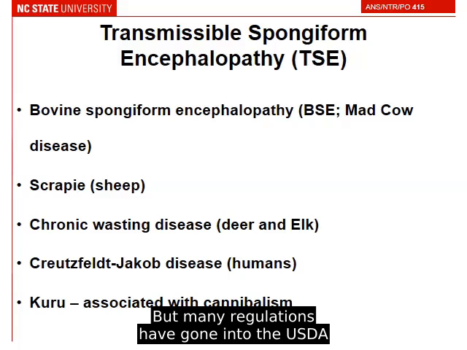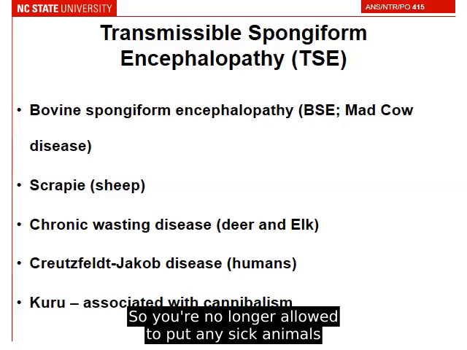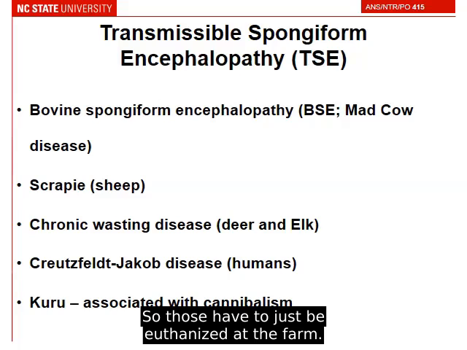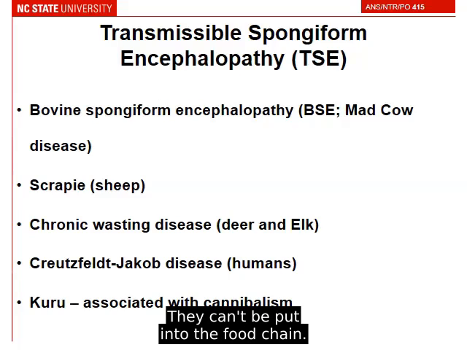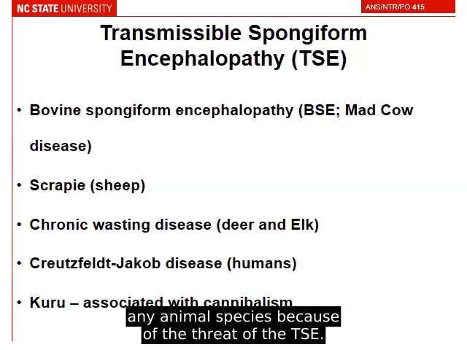Many regulations have gone into the USDA related to downer cows, so you're no longer allowed to harvest any sick animals. Those have to just be euthanized at the farm. They can't be put into the food chain. In addition, you cannot consume any neural tissue at all from any animal species because of the threat of TSE.